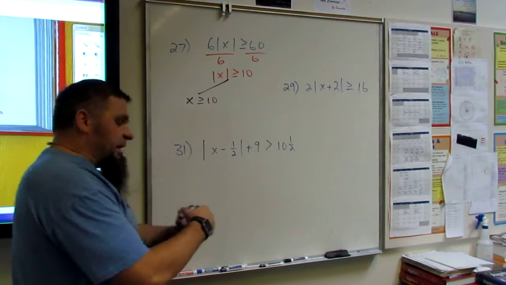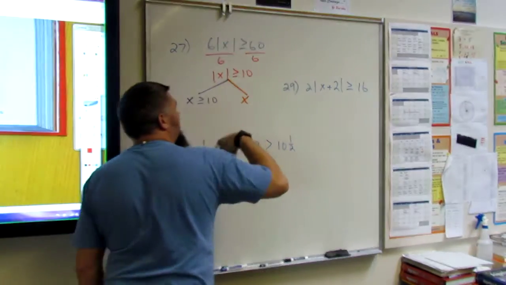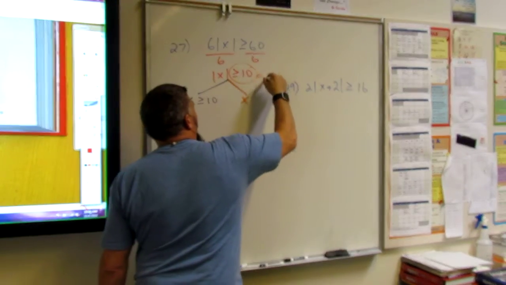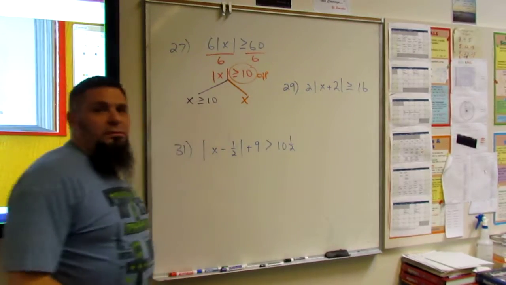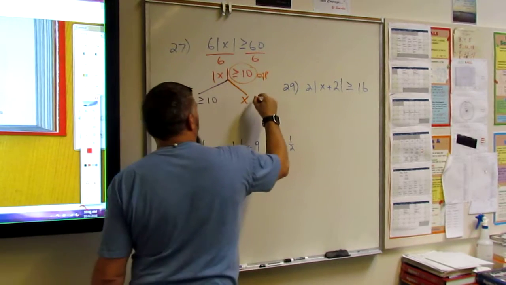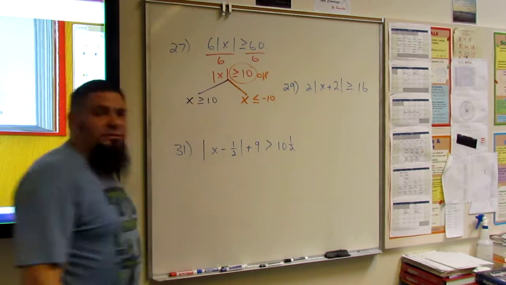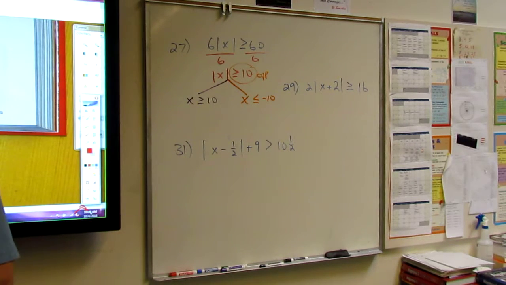Then I go the other direction, right? And x is, remember, opposite. So, less than -10. Perfect. Now I just got to graph them, right?